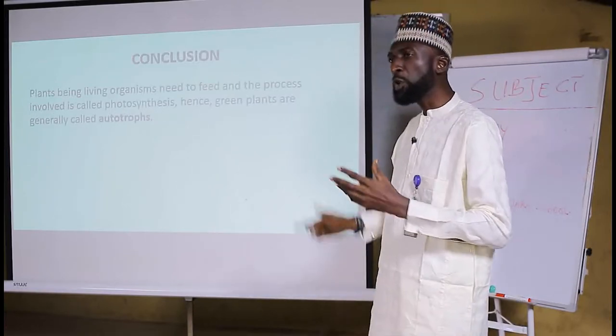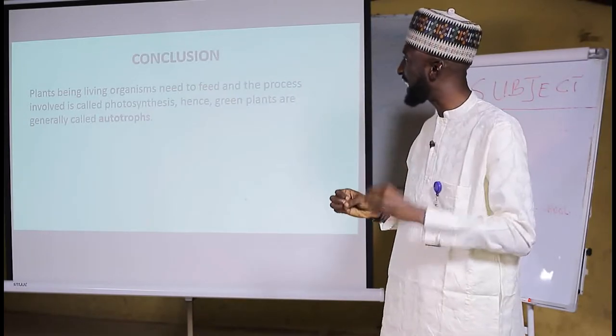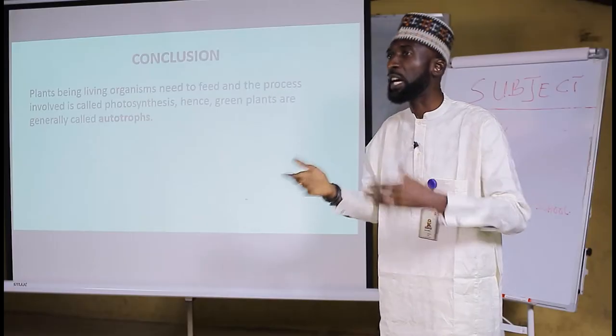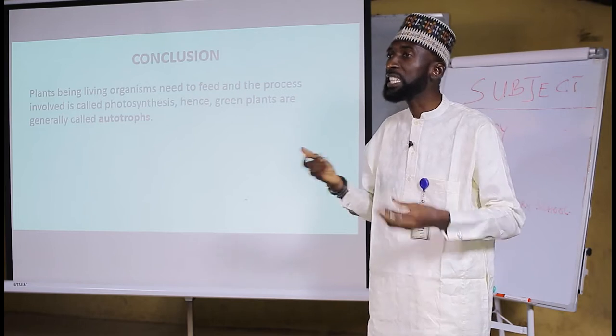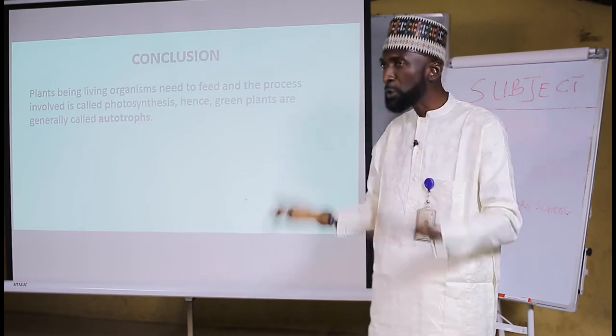Now, having looked at all this, we conclude by saying that plants need to feed because they are living organisms. And inasmuch as they need to feed, they don't have hands, they don't have a mouth, so they have to devise a means by which they can produce their own food, and that process by which they manufacture their own food is what we call photosynthesis.